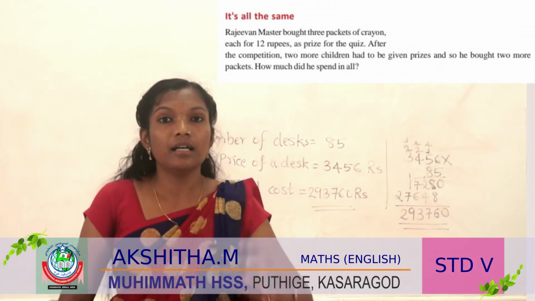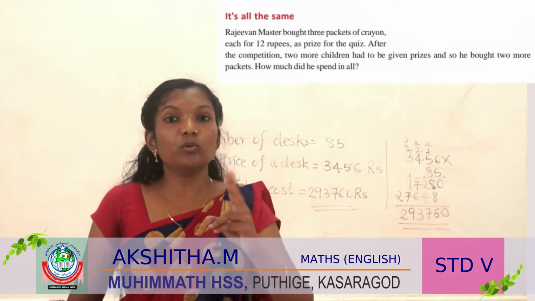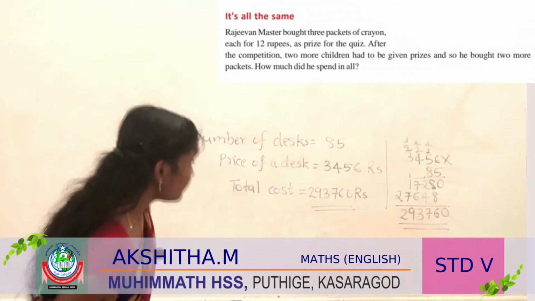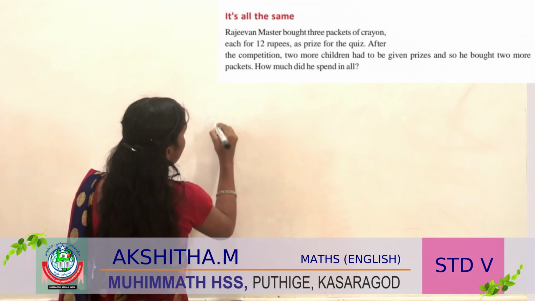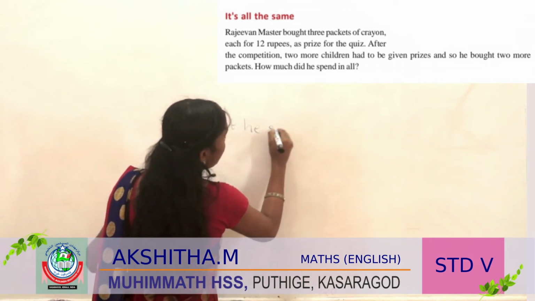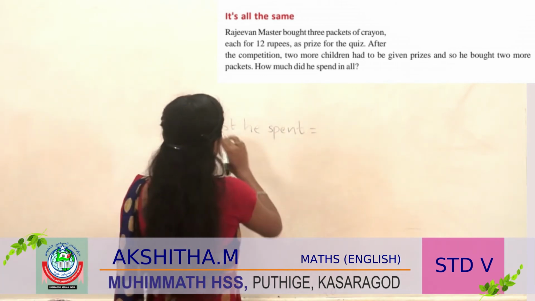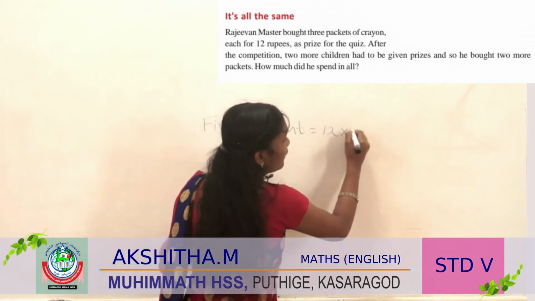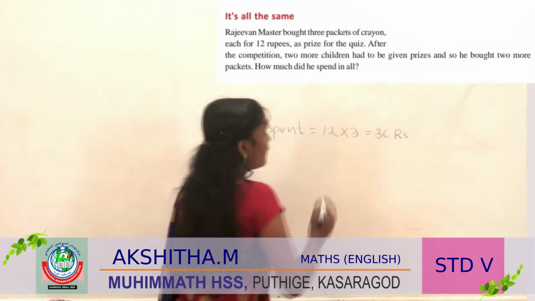First he bought 3 packets of crayons. Next he bought 2 packets of crayons. How can we calculate that? First he spent 12 into 3 is equal to 36 rupees.